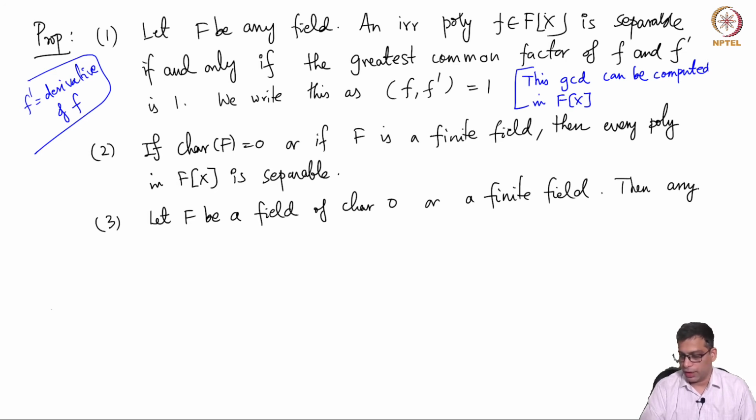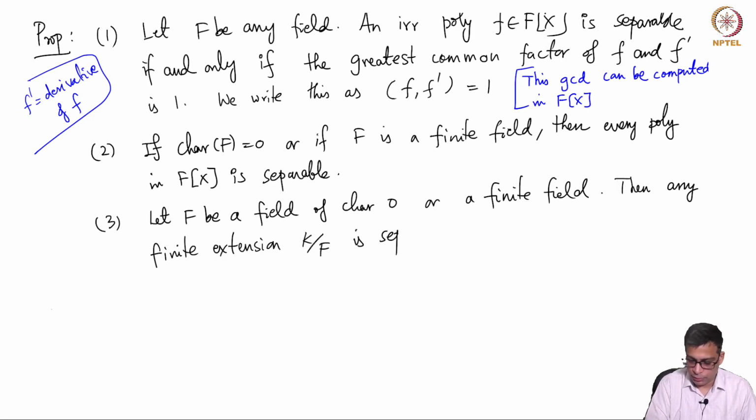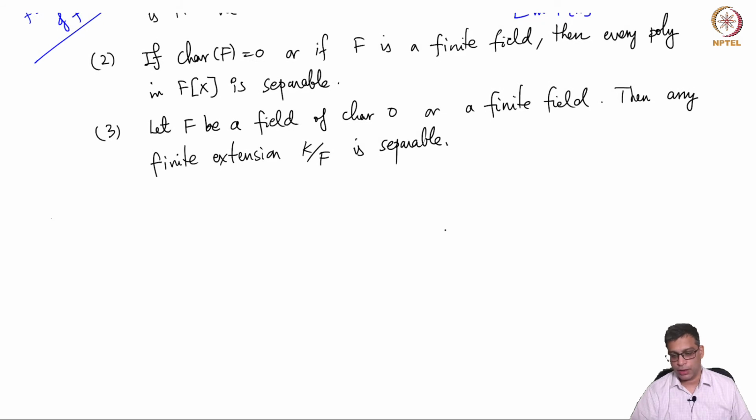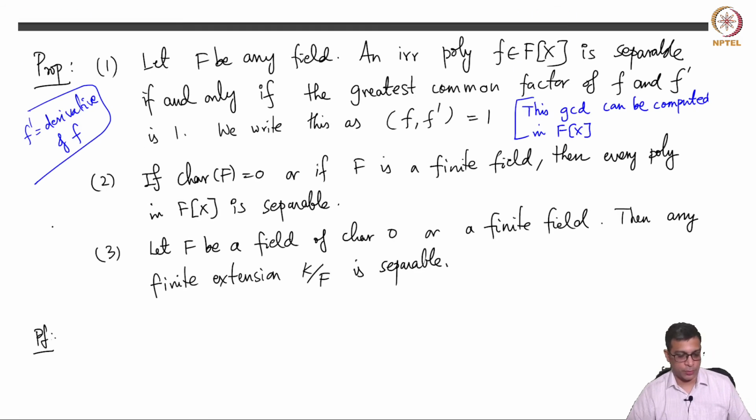Then any finite extension of F is separable. So separability is no condition at all again if you have a field of characteristic 0 or a finite field. Okay. So 3 of course follows from 2, so I am going to prove 1 and 2.